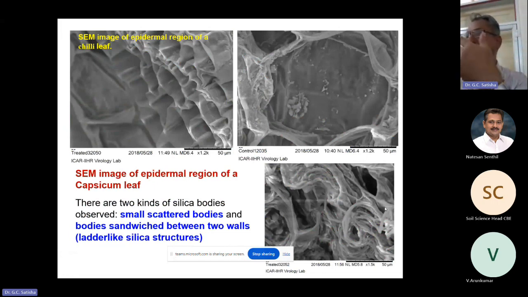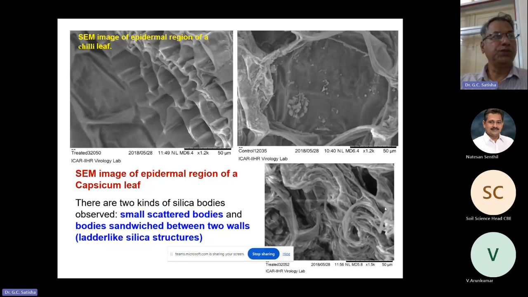Otherwise, just spraying will not do. So, in order to study that, we have taken both cross sections and vertical sections of leaves, where we studied and identified some of the epidermal cells, and we have noticed two types of bodies.